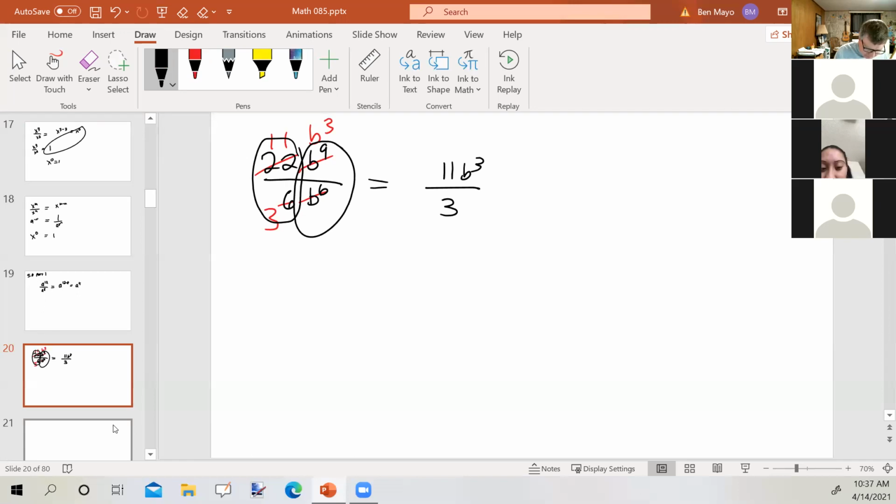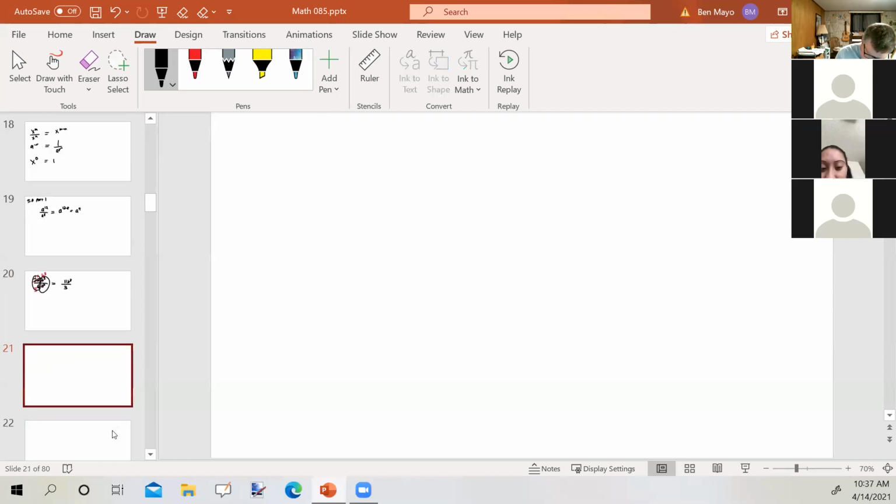All righty. Let's say we've got this situation. Negative 4x cubed over 16x to the 5th. Something I neglected to mention, typically, unless it says otherwise, when we write a final answer, we want all of our exponents to be positive. So in this situation, I can reduce the negative 4 over 16 to negative 1/4.